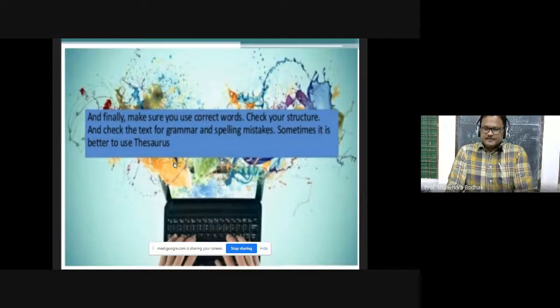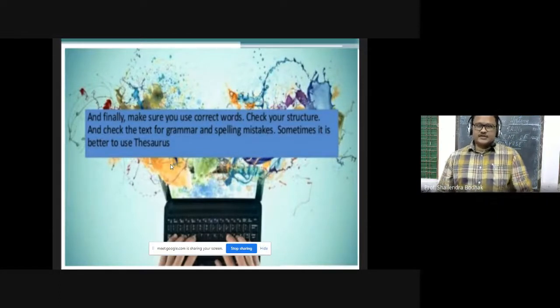Don't make spelling mistakes. Sometimes it is better to use a thesaurus. A thesaurus is a reference dictionary of synonyms, similar words, and antonyms. So all these words can be used in your SOP.